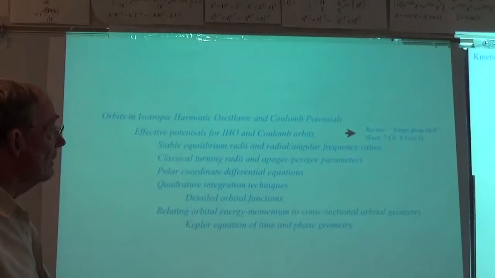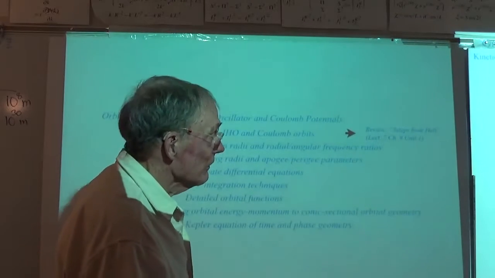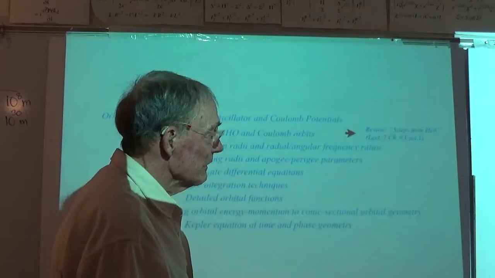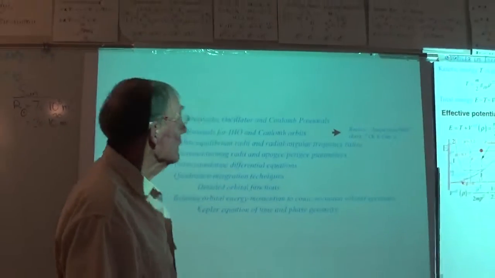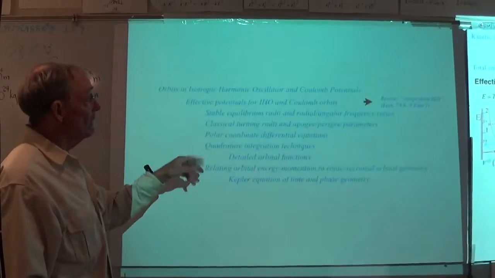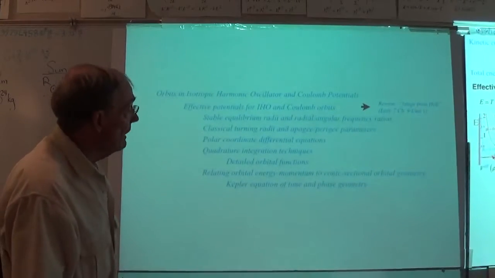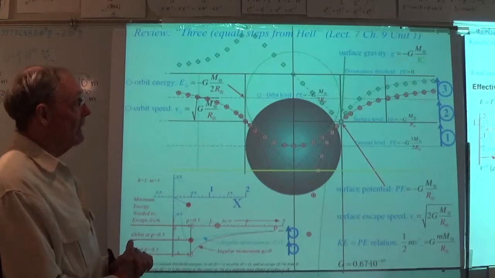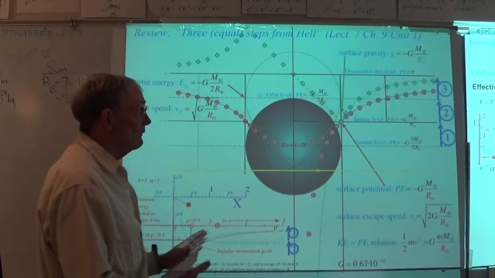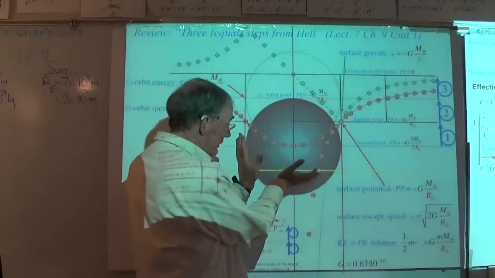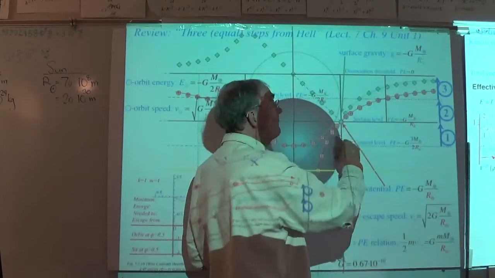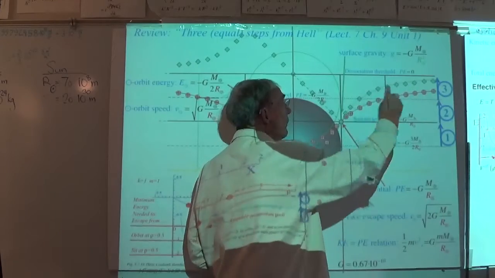Okay, let's get started. Just to remind you of what we did in Unit 1. In Unit 1, we put them together, the oscillator and the Coulomb, potential and force.